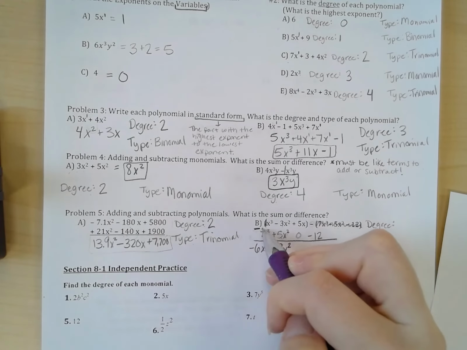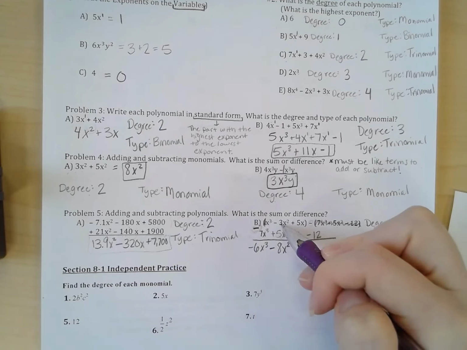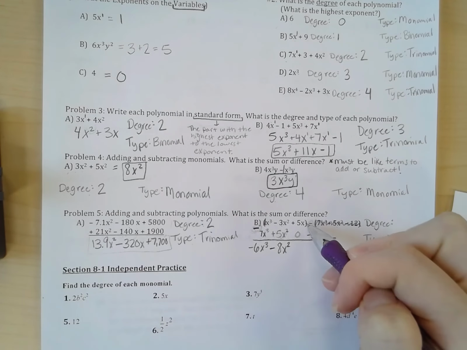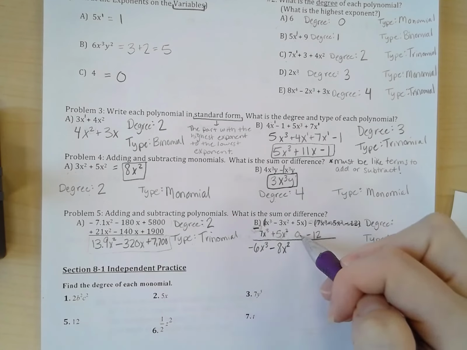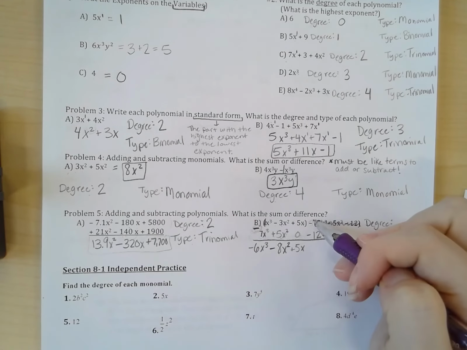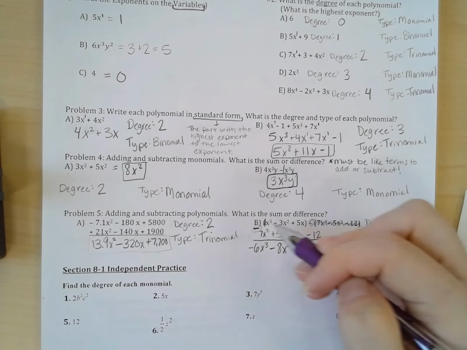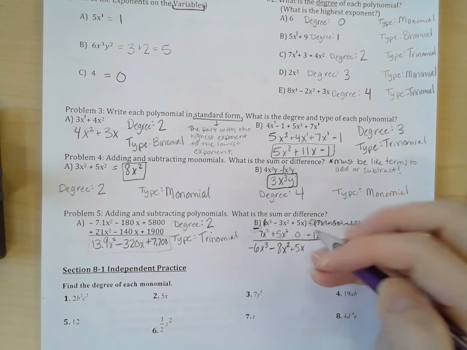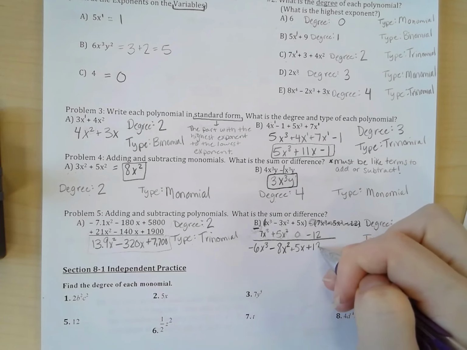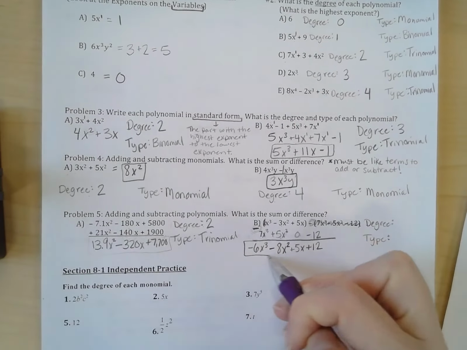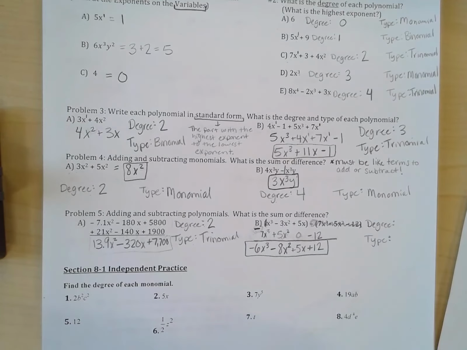You have to keep in mind that it's subtracting. So negative 3 minus 5 is negative 8. 5x minus 0 is just going to give me 5x. And then there's nothing here, so 0 minus negative 12, minusing a negative will give you a positive 12. Okay, because that's two negatives in a row, which make a positive. So this is your final combined answer.